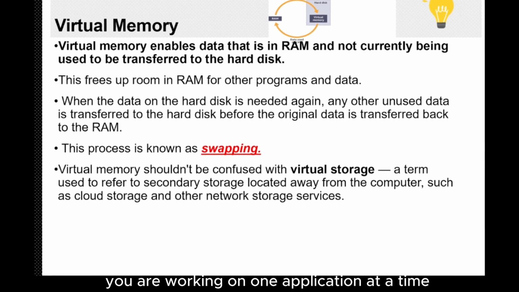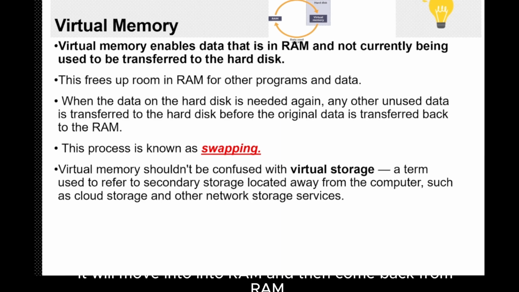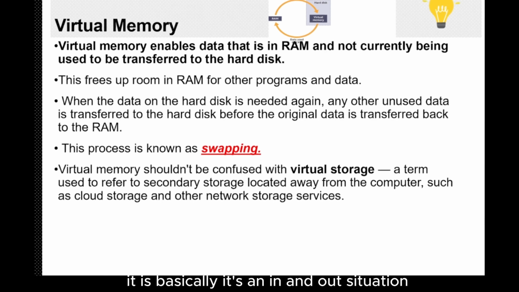You are working on one application at a time. So if you are not using, say, Adobe for a while, it will do something called swapping. It will move out of RAM and then come back into RAM. It's basically an in-and-out situation. So virtual memory enables data that is in RAM and not currently being used to be transferred to the hard disk.